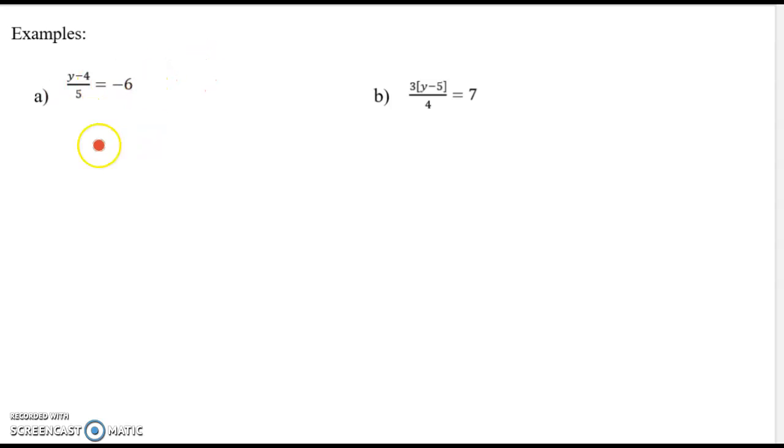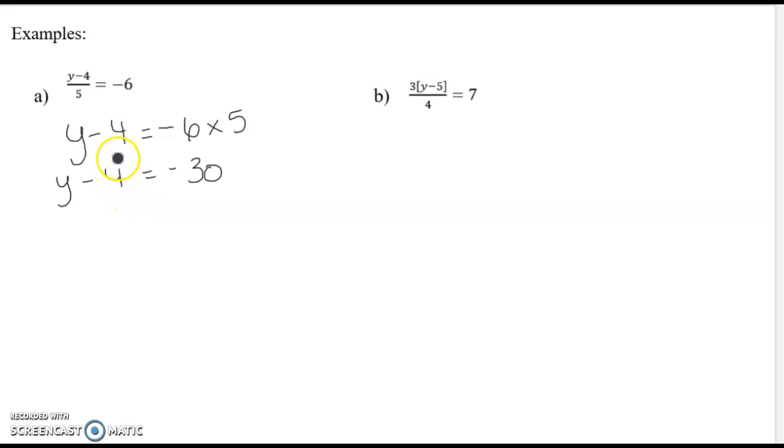So let's do it. We will be left with y minus 4 equals negative 6 times 5. So next step, y minus 4 equals, and then negative 6 times 5, positive times a negative is a negative, and 6 times 5 is 30.